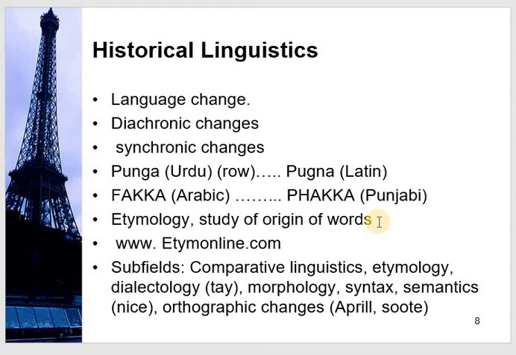You can easily find out the etymology of any word. You should go to this website, write any word, and you will be astonished to find beautiful and marvelous background developments of any word.